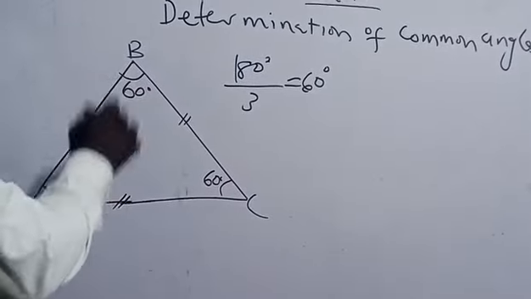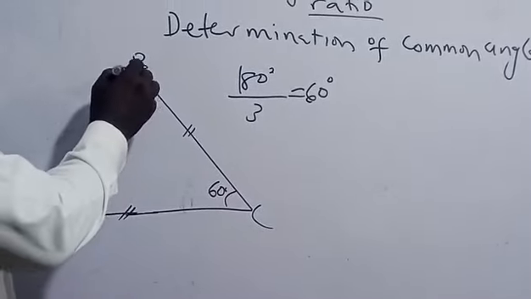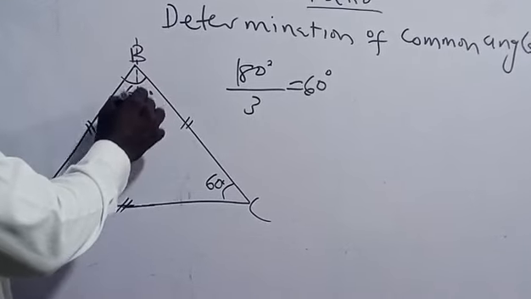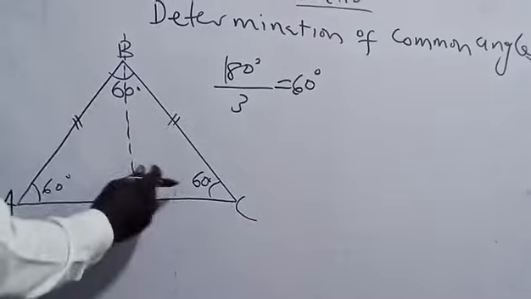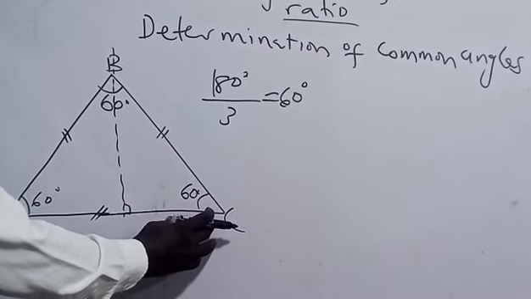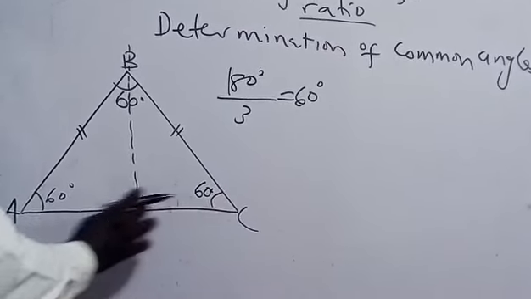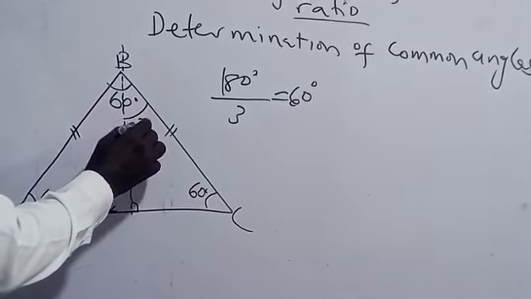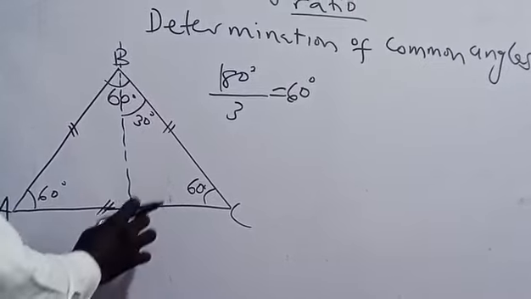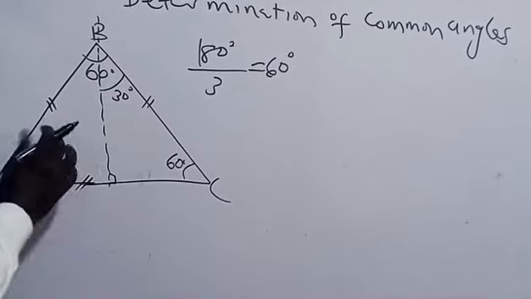Now, if we have a line here that cuts it into two equal halves, making this side symmetrical to here, then from here to here is 30 degrees. So I can now bring out one of the sides.